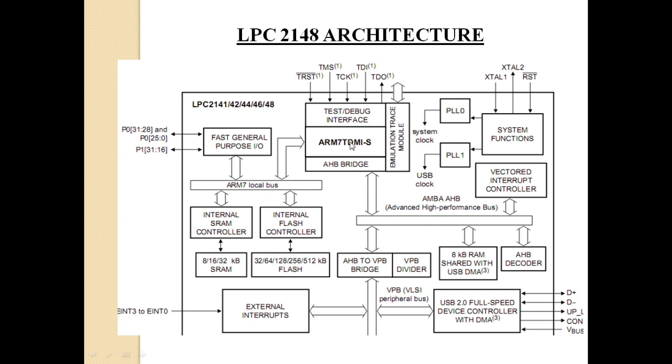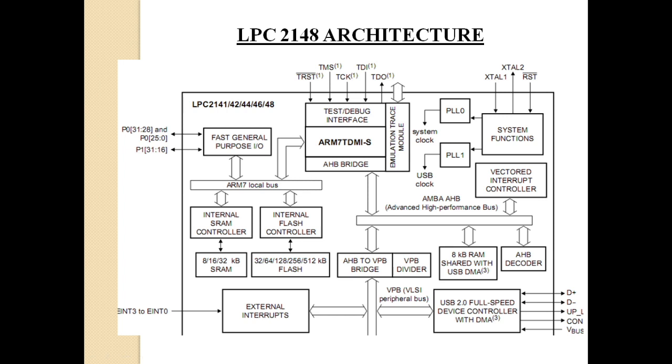Right. So this speed mismatch will be handled by the AHB bridge, and this speed mismatch will be handled by the AHB to VPB bridge. That is how the data sent from the low speed peripherals will be sent to the processor, which is operating at the highest speed.